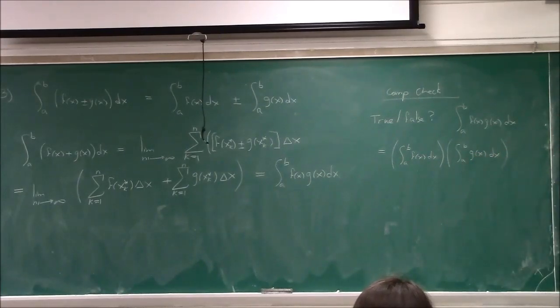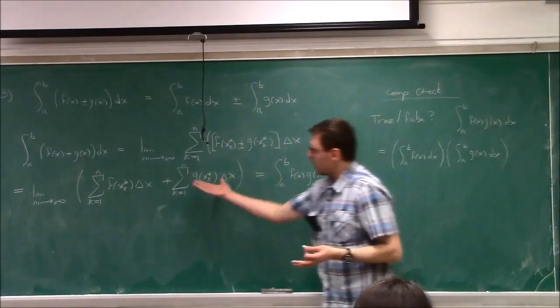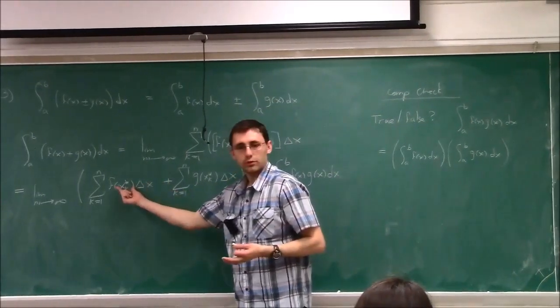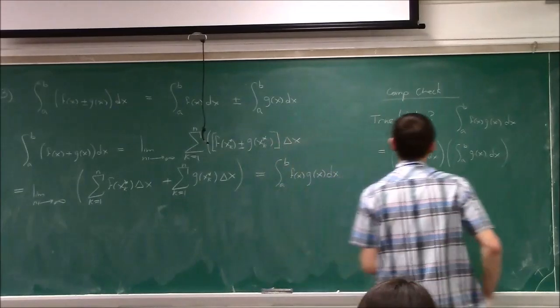True or false? False. Immediately false. Why? Because you will not be able to factor it out, right? The product of those two heights does not factor this way.